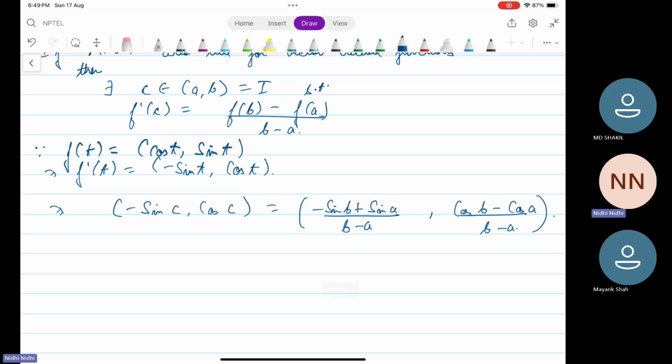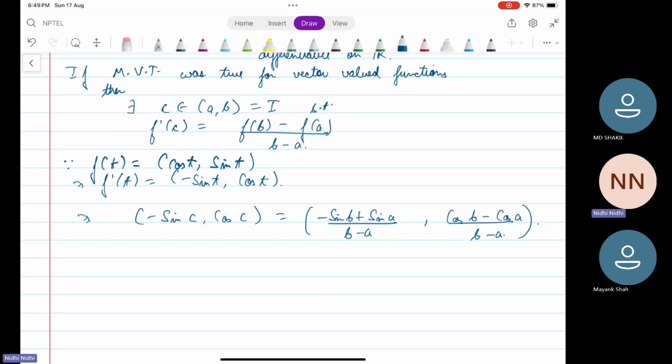Now, can you tell me some value of a and b for which I will end up getting a contradiction here? Any idea?